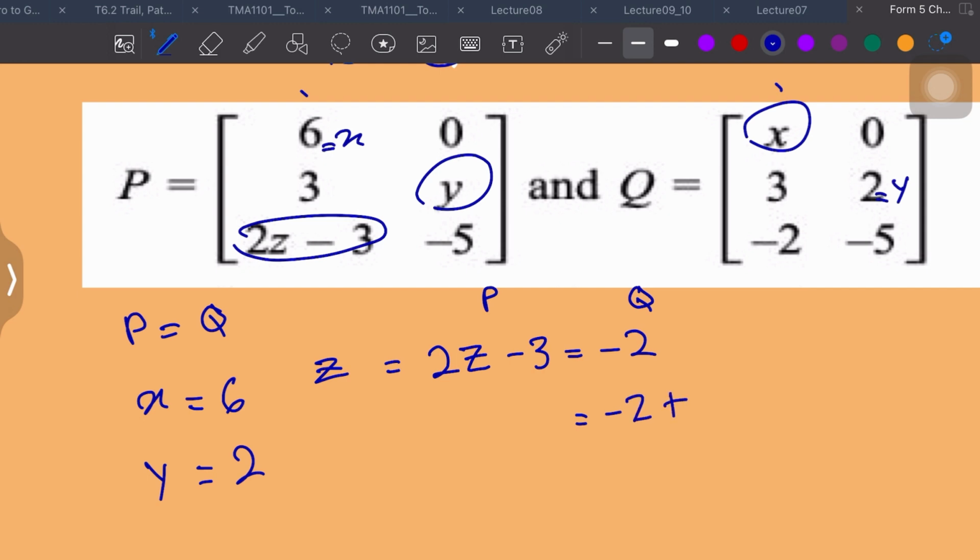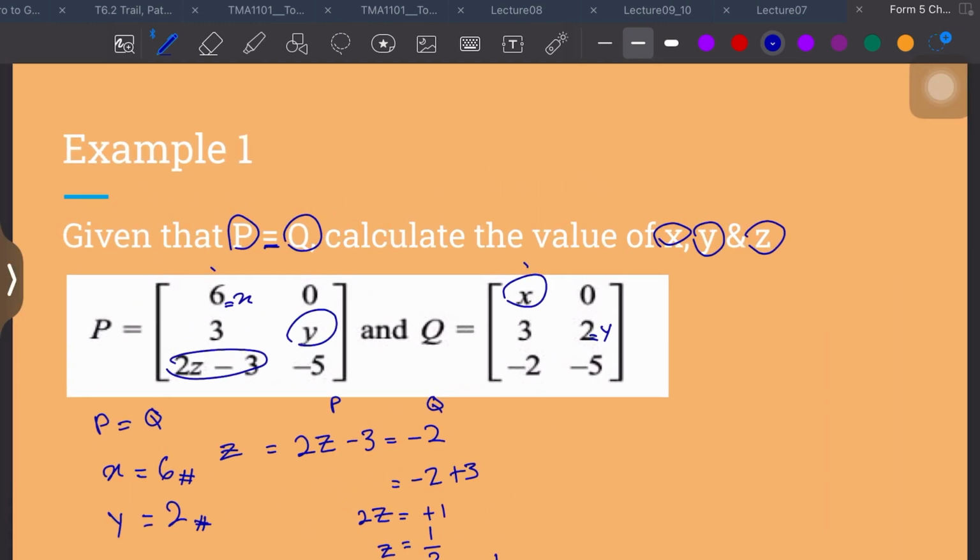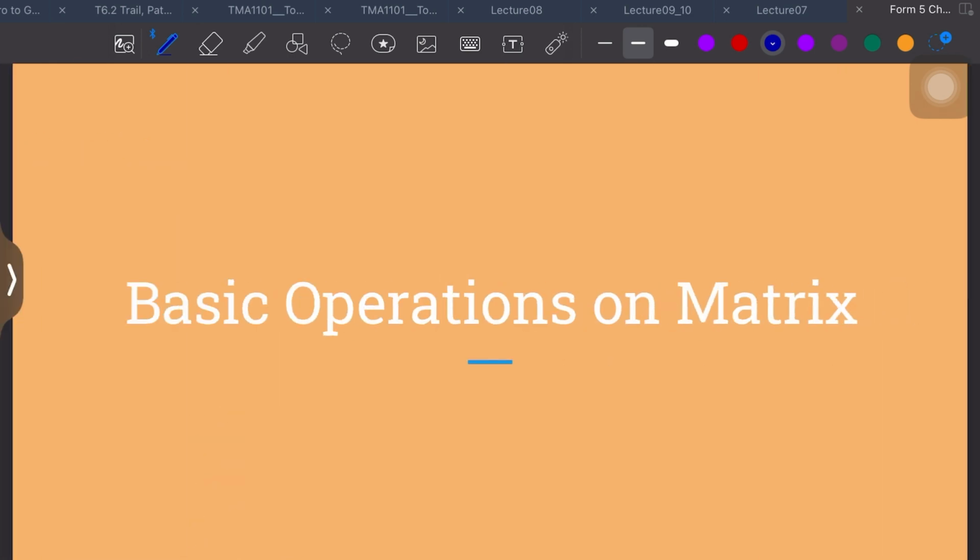Negative 2 plus 3, then we get plus 1, and then we have 2Z equals 1, so Z is equal to 1 per 2, or 0.5. So that is the answer for Z, Y, and X. Done. Move on to the next slide.